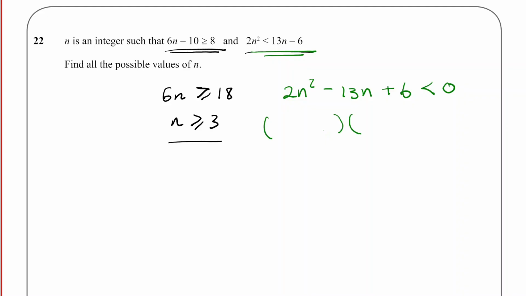Then we can factorize. There are different ways of factorizing these quadratics with a coefficient of x squared or n squared greater than 1.